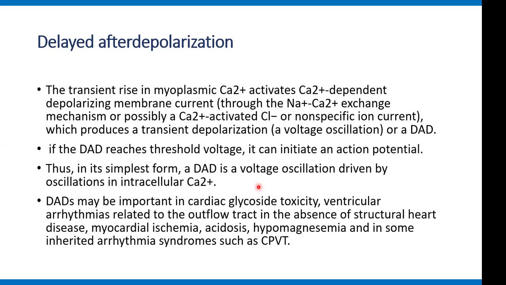Ventricular arrhythmia is related to outflow tracts, myocardial ischemia, acidosis, hypoglycemia, and particularly catecholaminergic polymorphic VT, which is also due to an overload of calcium because of a defect in the ryanodine receptors of the sarcoplasmic reticulum.